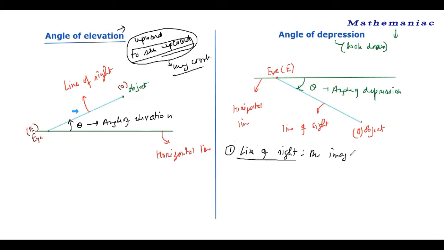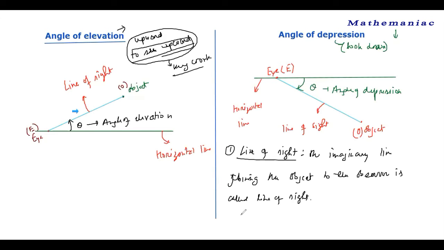The imaginary line joining the object to the observer's eye is called the line of sight. And what is a horizontal line? A line through the eye of the observer parallel to the horizon. That's all.